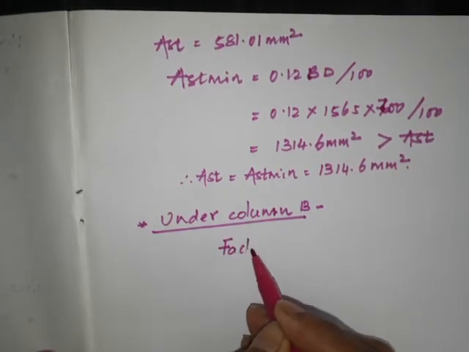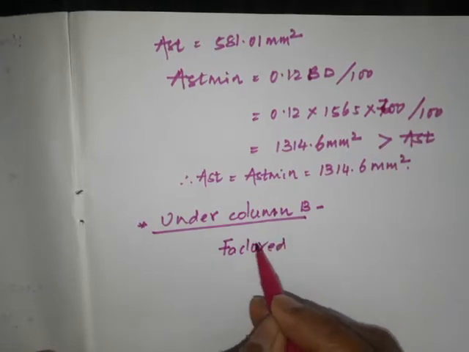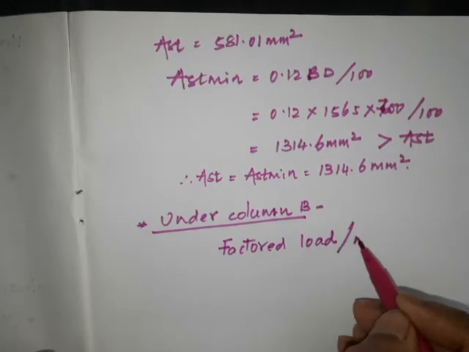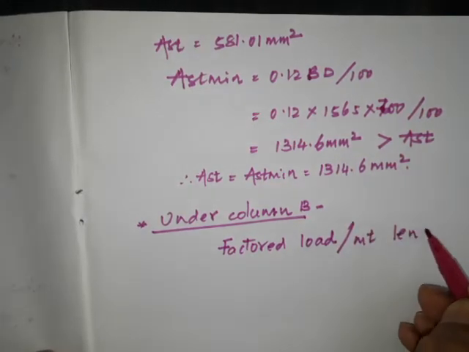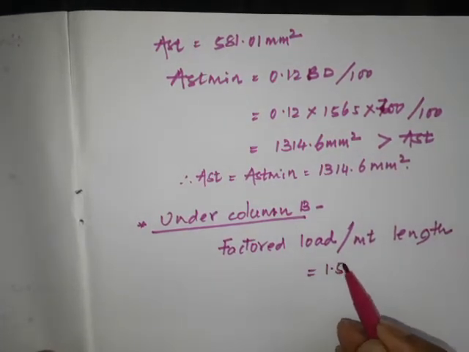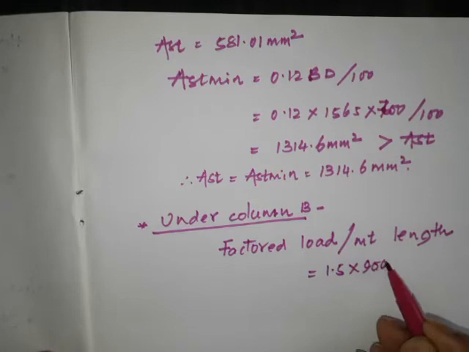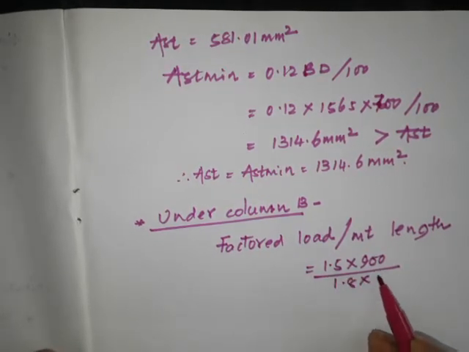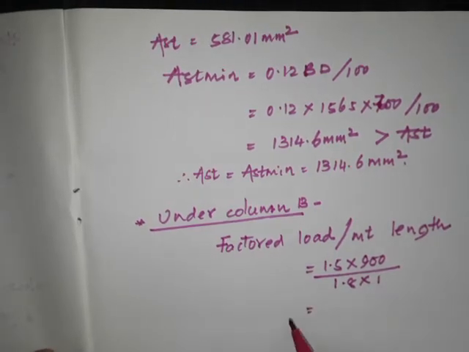So that is the factored load per meter length. The load on the column is 900, so 1.5 into 900 divided by 1.8 into perimeter width 1. So we'll get this as WB, I'll call it WB, 750 kilonewton per meter.